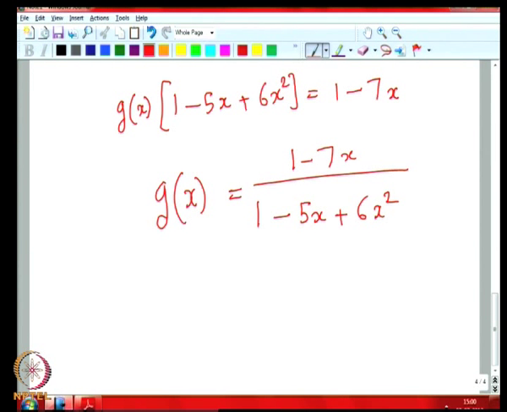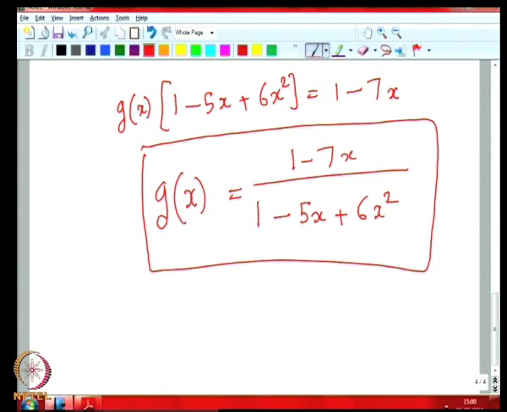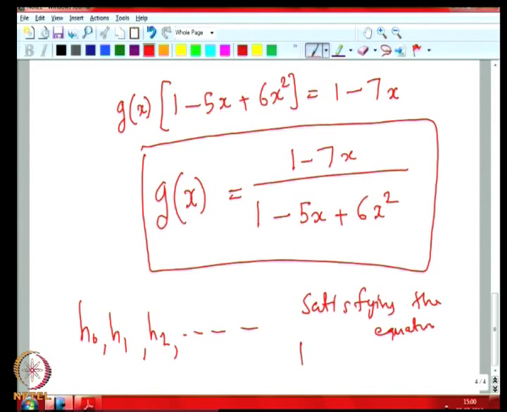Now, this is the general expression for the generating function for that sequence given to us, h0, h1, h2, satisfying the relation, the equation hn minus 5 hn minus 1 plus 6 hn minus 2 equal to 0.